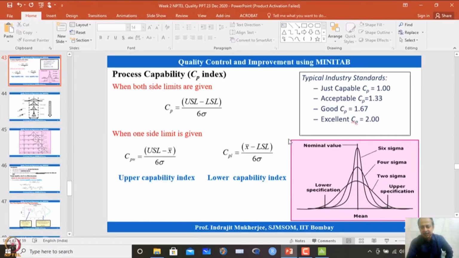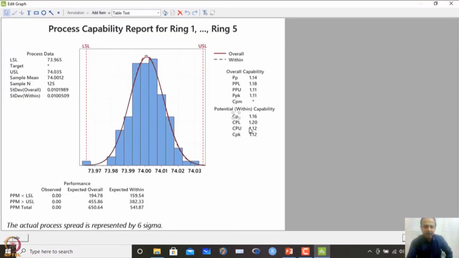At present we will assume that MINITAB has calculated some standard deviation. This is taken and the output given over here is CP is 1.16. Some way they have calculated the standard deviation, which we will discuss in the next session, how MINITAB is calculating this. And I also told that we do capability analysis whenever the process is stable.